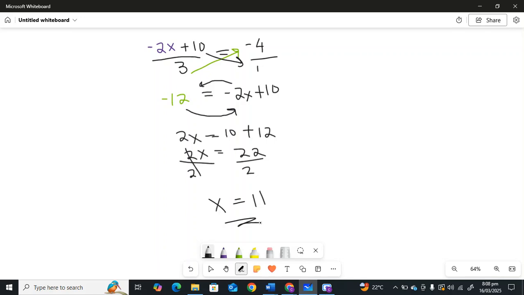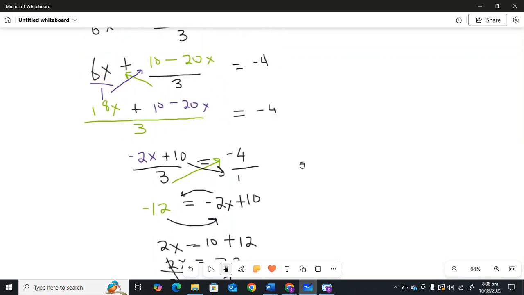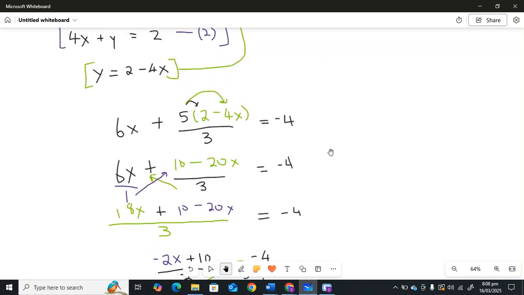Wonderful, then you did it correctly. So x equals 11. We can find the value of y because remember, I've got y equals 2 minus 4x. So you can substitute x for 11 here. So y equals 2 minus 4 times 11.